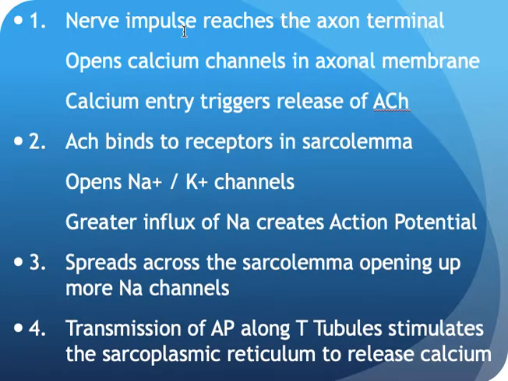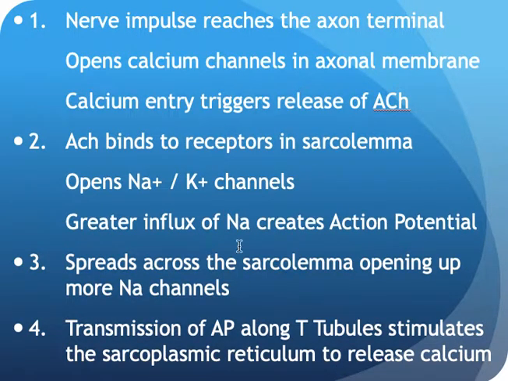This is the first tricky little physiological stuff that we have to learn. It's nerve impulse, then release of acetylcholine, and then we ask what that release of acetylcholine does. It opens up these little channels here and creates this action potential that spreads across the sarcolemma. What happens when that action potential spreads across the sarcolemma? It goes down the T-tubule and stimulates the sarcoplasmic reticulum to release my calcium.